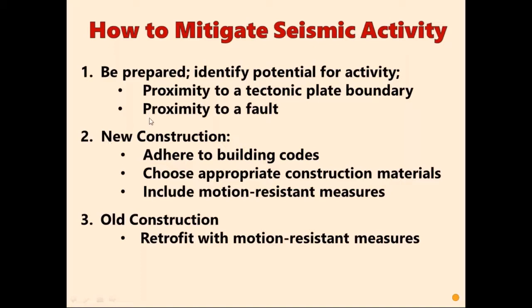You have high population density living in structures that are apt to collapse as soon as the ground starts to move, and the construction materials used probably weren't kept in mind to withstand earthquakes very, very well. So you get a high death toll associated with that in certain areas. And as far as old construction goes, right, it's possible, I guess, to retrofit older buildings with motion resistant measures as well.